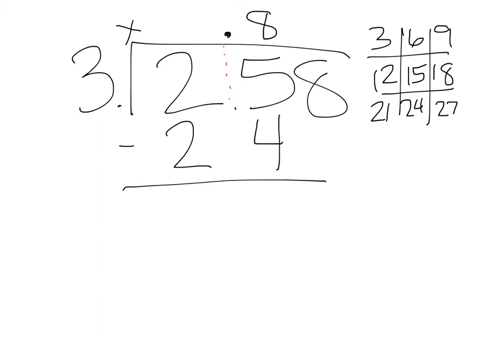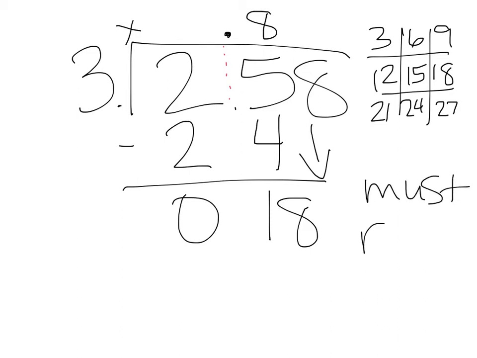And you subtract normally. 5 minus 4 is 1. 2 minus 2 is 0. And then we bring down the 8. We brought it down, so now we must repeat. Okay? So now we have to repeat. Divide. 18 divided by 3.